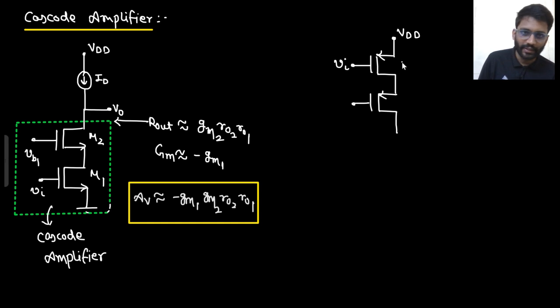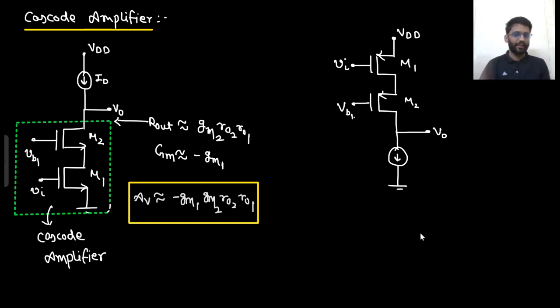We will call this one M1 and this one M2. If I apply my V in there, this will become r01, so my gm would be changed. I do not want my gm to be changed. So this is M1, this is M2. Here I will give DC supply VB1, and here there will be a current source. And this is where I am collecting my output, at the drain.